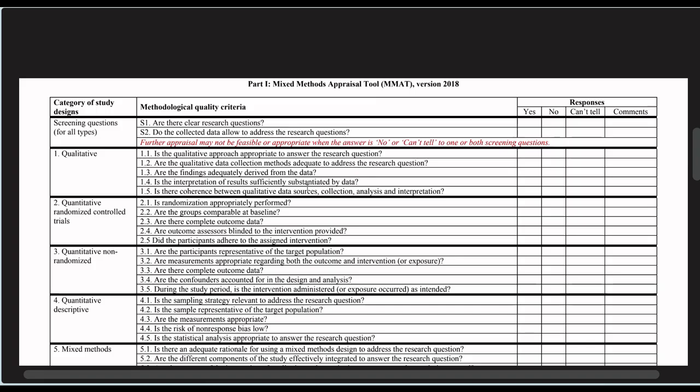Number 4, is the interpretation of results sufficiently substantiated by data? Is there coherence between qualitative data source, collection, analysis, and interpretation? These are the questions that you need to ask for you to include that study. If your study is a quantitative randomized controlled trial, the following questions also apply.